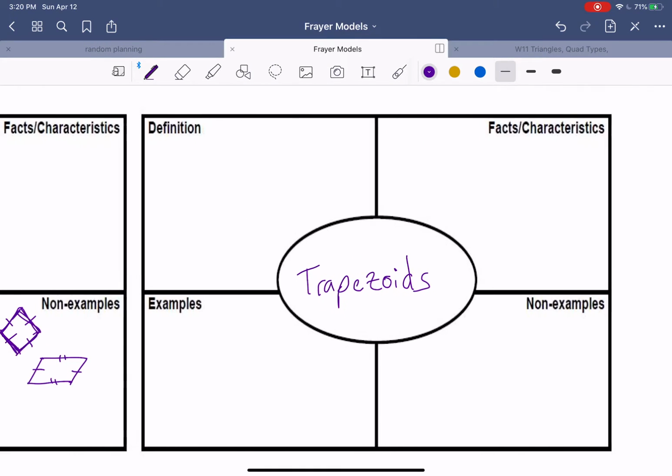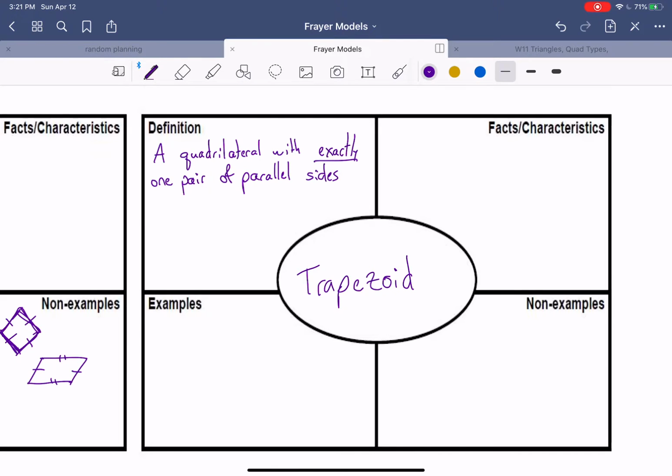The next one, we call it a trapezoid, right? Which is a quadrilateral with exactly one pair of parallel sides.